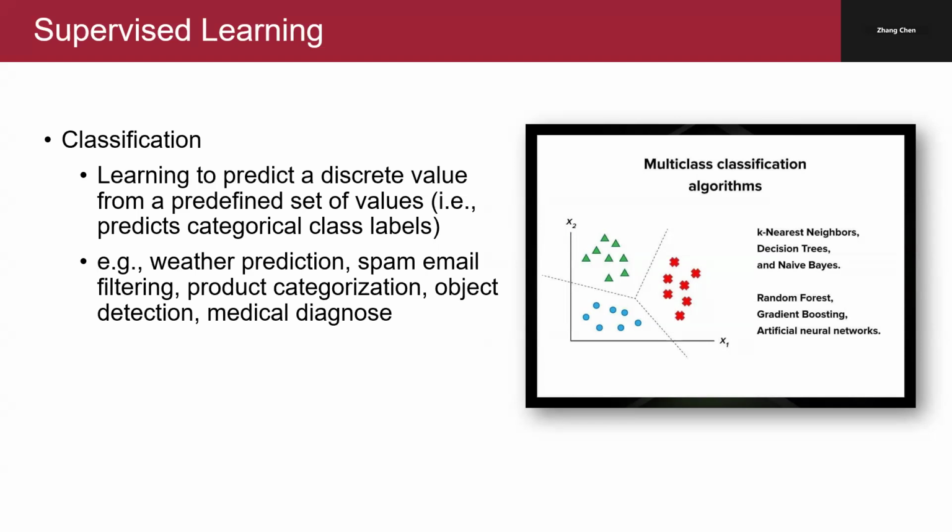Common examples, like we already described before, are spam email detection, product categorization, weather prediction, object detection, etc. The figure shows a multi-class classification setting, where the data points belong to different groups and the model learns the decision boundaries that separate them. So essentially we are trying to understand the boundaries among different classes.